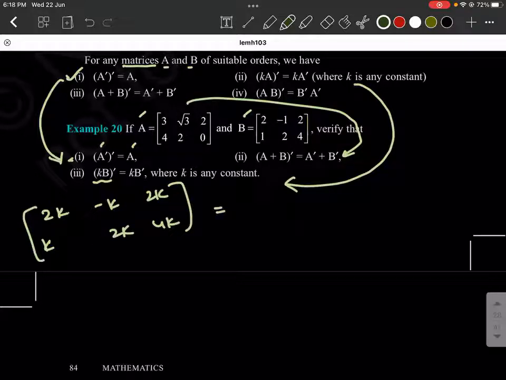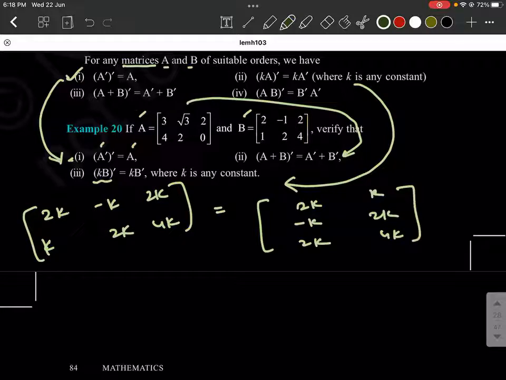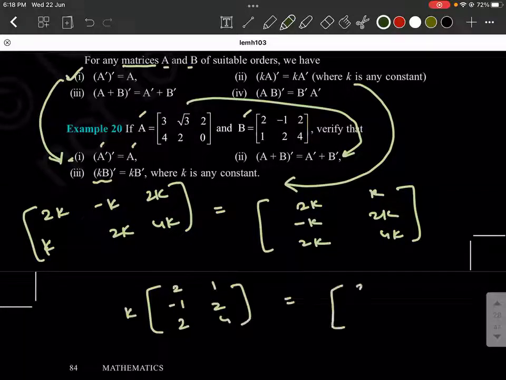If you find the transpose of it, how much will you get? 2K, minus K, 2K, K, 2K, 4K. If you find the transpose again, 2, minus 1, 2, 1, 2, 4, and multiply this with K, you still get 2K, minus K, 2K, K, 2K, 4K. Is everyone clear? Give me a confirmation. Sir. Clear, right? Okay.